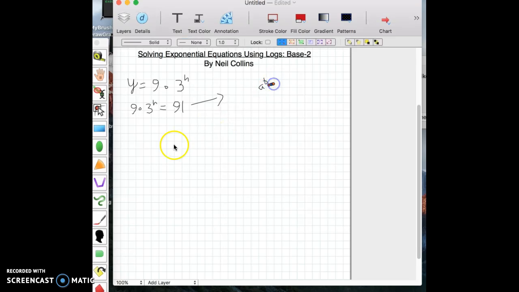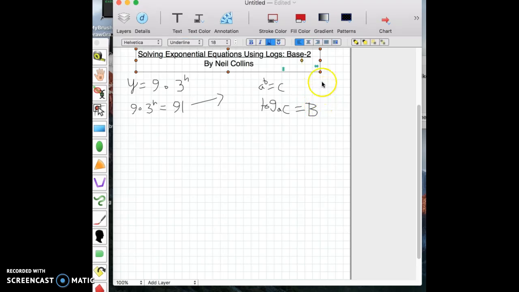So if a to the b equals c, you can rewrite this as, sorry, let me rewrite that for you, log a c equals b.